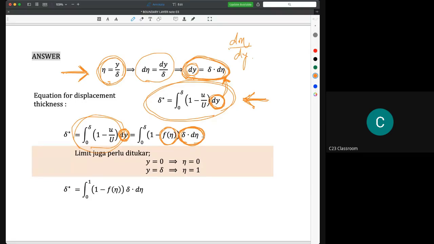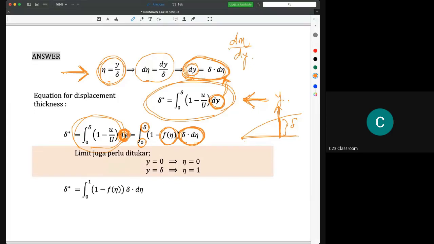And then we also need to change the limits here. Okay, because the limits here actually depend on the value of y. Please remember that if we have a flat plate here, and we have a boundary layer, then we have a delta here. So the delta here is actually on the y axis. So that's why we integrate with dy here.